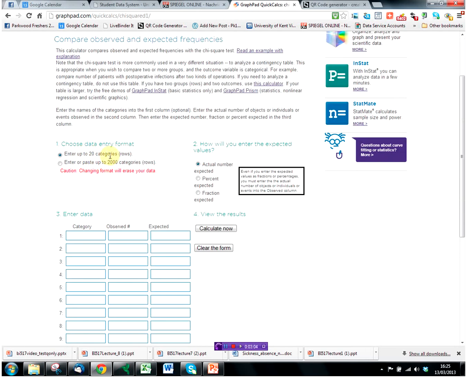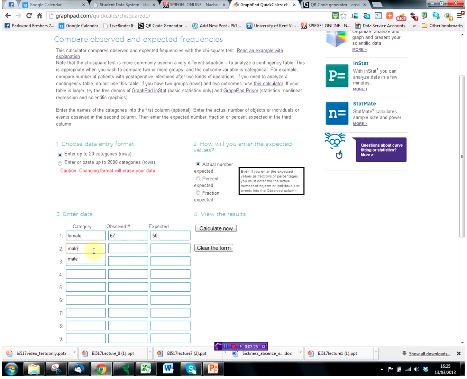We now can enter our categories, and we use actual numbers expected. So we say female students, and we had observed 67 students and we expected 50 students if there was no gender bias.